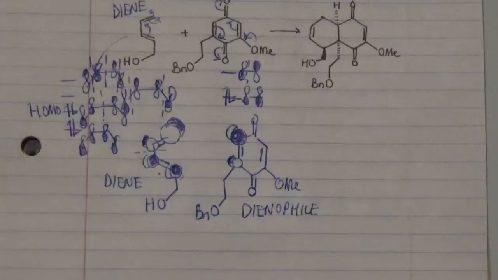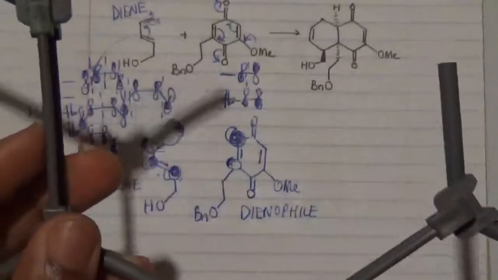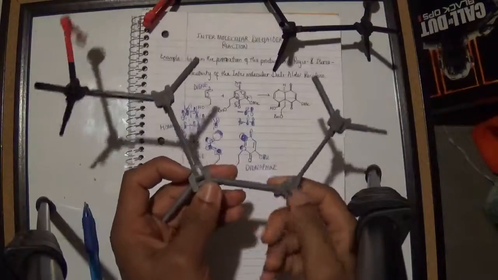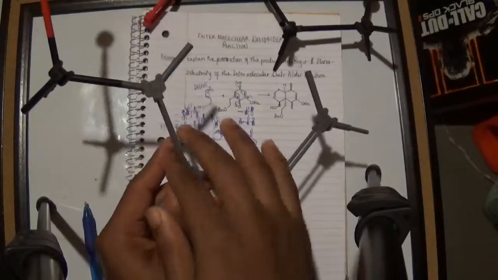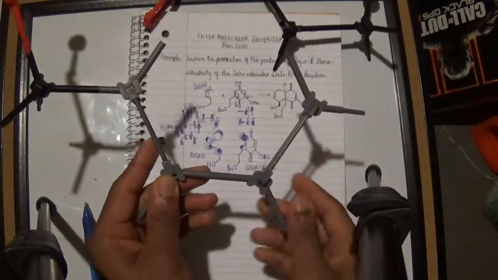Now, in terms of cis, let me give you a molecular model over here. We have this particular model kit. We have our diene. Let me try to zoom this in. So we have our diene over here, and we have our double bonds over here. Now, these double bonds are perpendicular to the plane of this particular molecule.